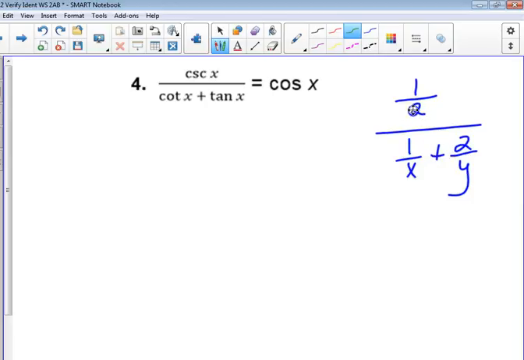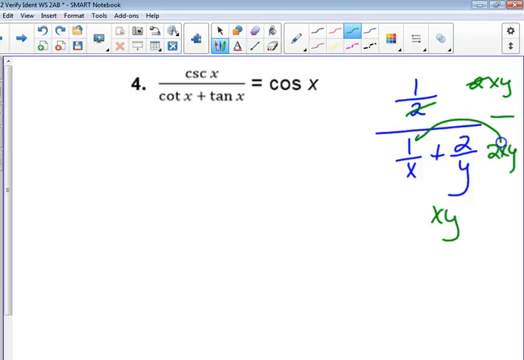What is the common denominator for all three of these little pieces here? 2x and y, right? If I multiply a 2xy onto the top and a 2xy onto the bottom, we will get rid of the complex fraction. Here the 2 would cancel, and I'd have 1 times xy.